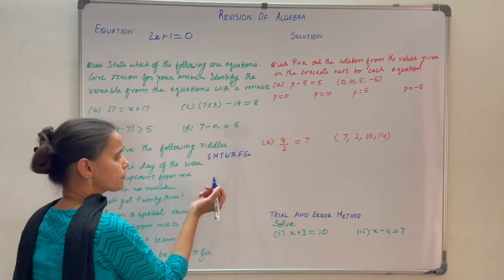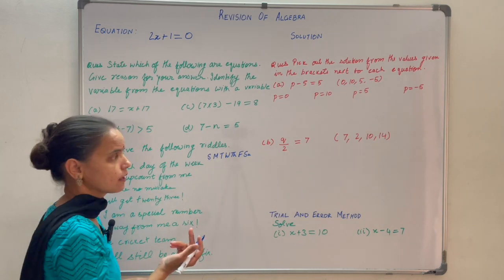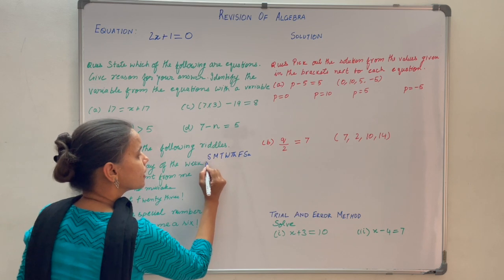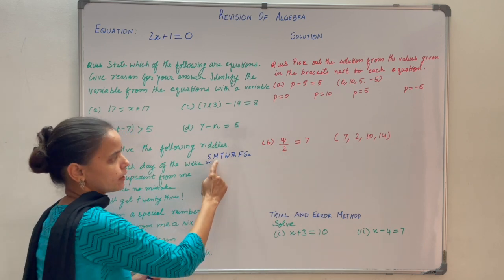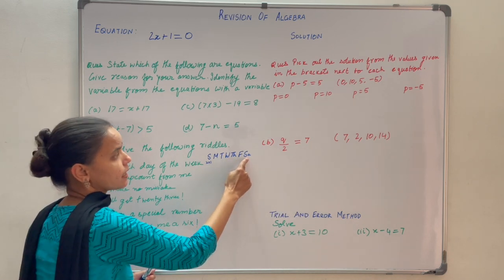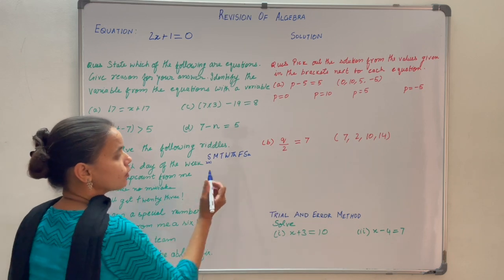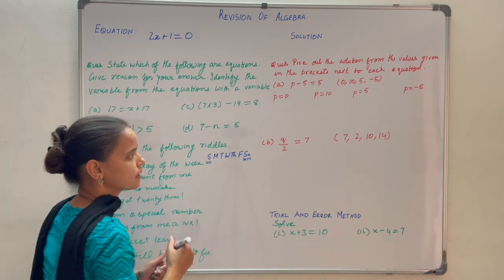So make an up count from me. If you assume me to be x, then for Sunday, one more, so x plus 1. For Monday, x plus 2, x plus 3, x plus 4, x plus 5, x plus 6, x plus 7. So if you keep increasing by 1, Saturday will have x plus 7.